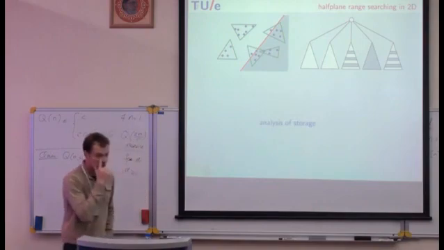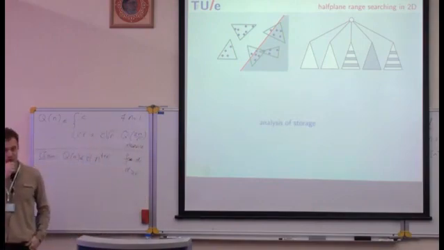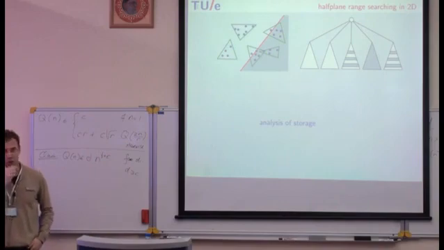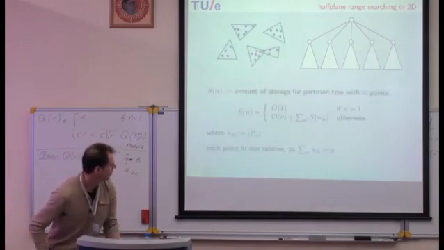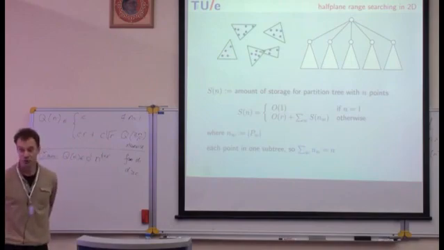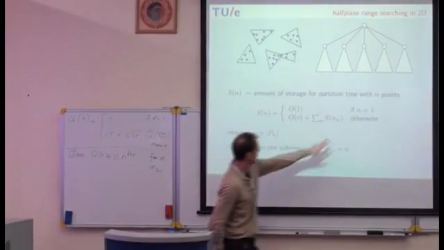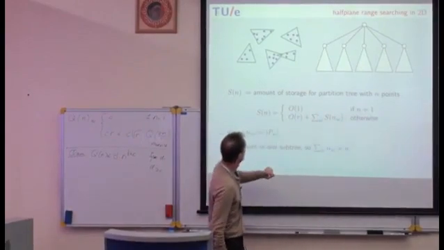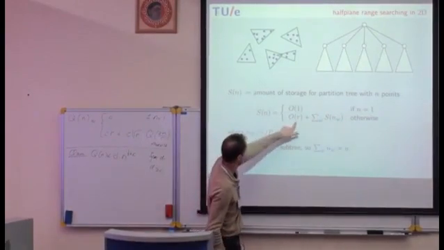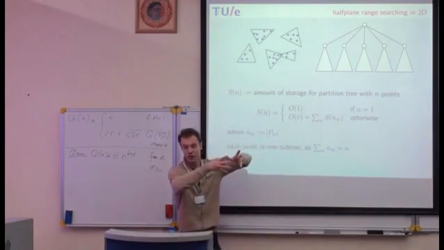Okay, so how much space would this thing cost? Well, we can do it in the complicated way. Namely, it's a recursively defined structure, so let's write a recurrence. So if I have 1 point, I have a leaf. Otherwise, for each of my triangles, I'm storing the triangle.